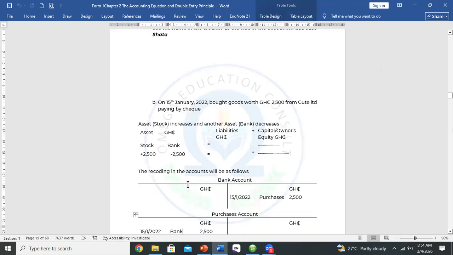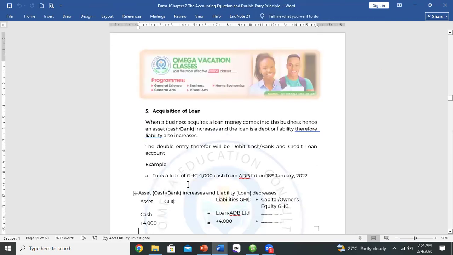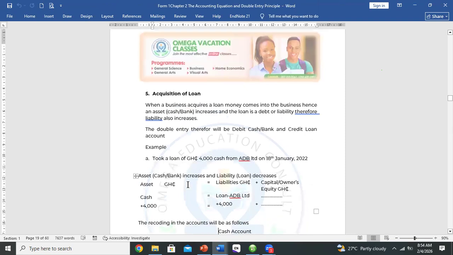The next one is acquisition of a loan. When the business goes to take a loan from a bank, that one I think is very simple. We go to GCB, we go for a loan. The loan will come in the form of money, which can be cash, or sometimes they'll give you a check.